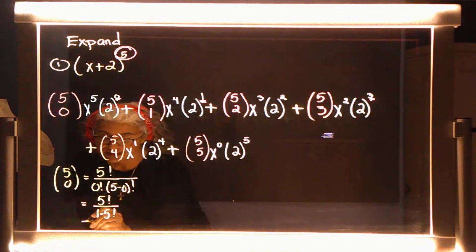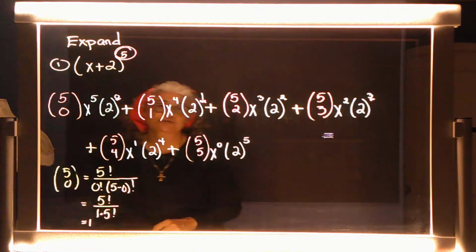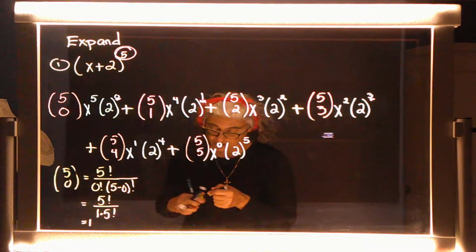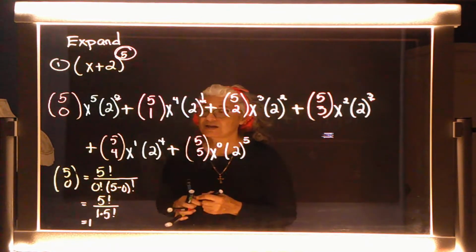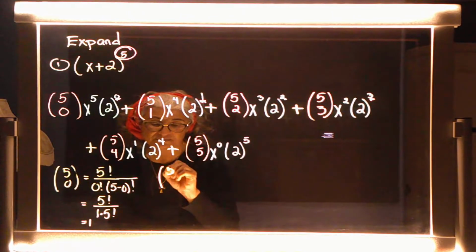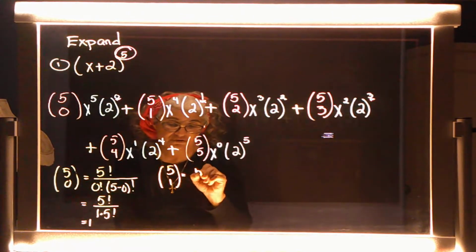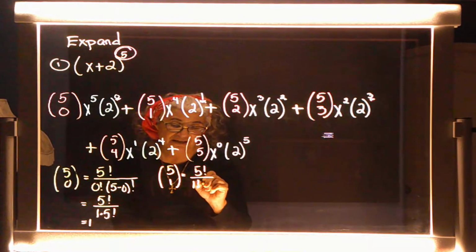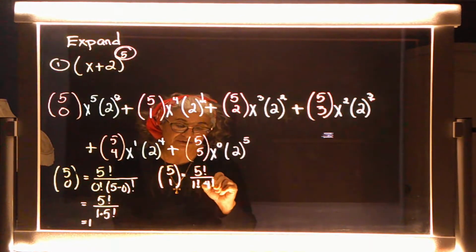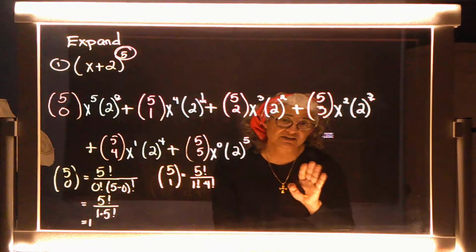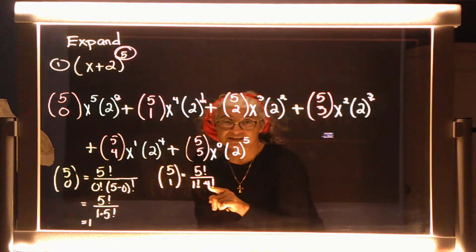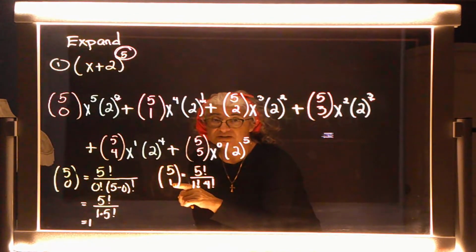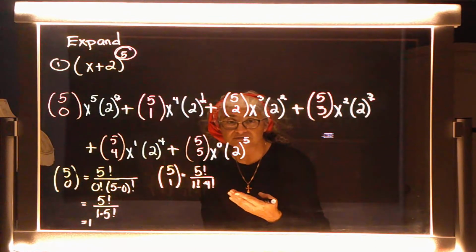Yeah, you're just going to get a 1 here because these 5 factorials drop out, don't they? Good. How about 5 choose 1? So 5 factorial over 1 factorial times 4 factorial. Some of you are like, wait, how'd you get the 4? Remember, this second parenthesis is the 5 minus 1. So 4. Are we good?